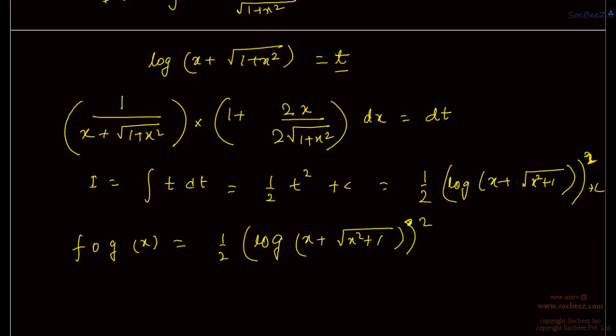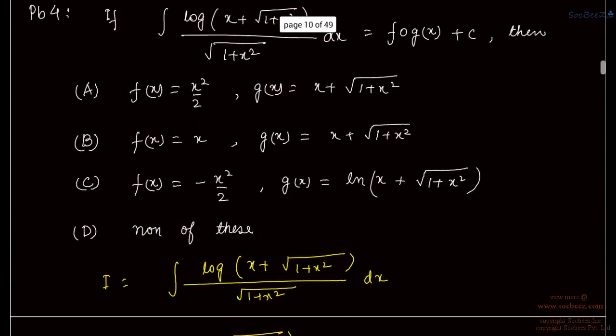So clearly from here we can say that f x is equal to x square upon 2 and g x is equal to log of x plus root under x square plus 1. So we check, then we can say that option A is correct.